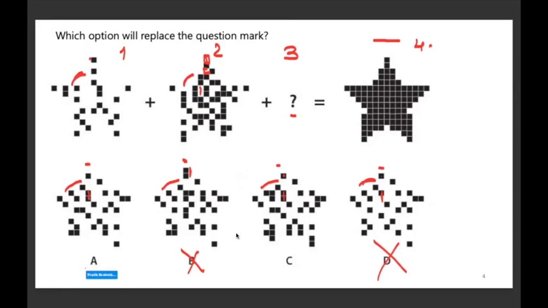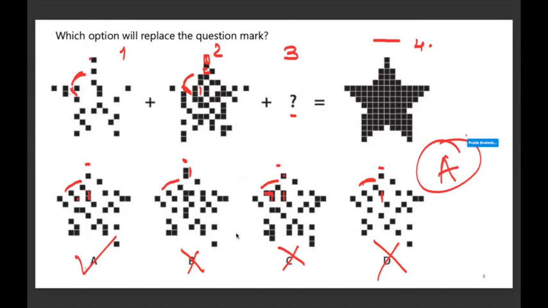A and C, when you compare again, we find that here we have 2 diagonal pixels and in C you have an L pixel. Here we actually need 2 diagonal pixels because this part is already getting filled by this. So we need 2 diagonal pixels which will fit here. So C is wrong. A is the correct answer.